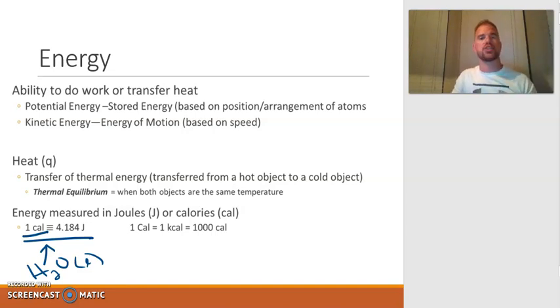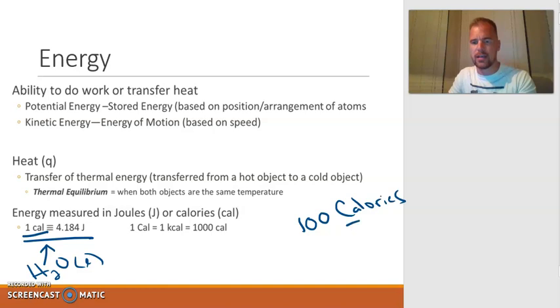Now, when you hear calories, you probably think of calories on the back of your food labels, like your nutrition facts, right? Well, if you were to look at the back of your food and it said 100 calories, you would actually notice the calorie is a big C calorie. And 1 big C calorie is actually the same as 1 kilocalorie, which we know is 1,000 little C calories, right?